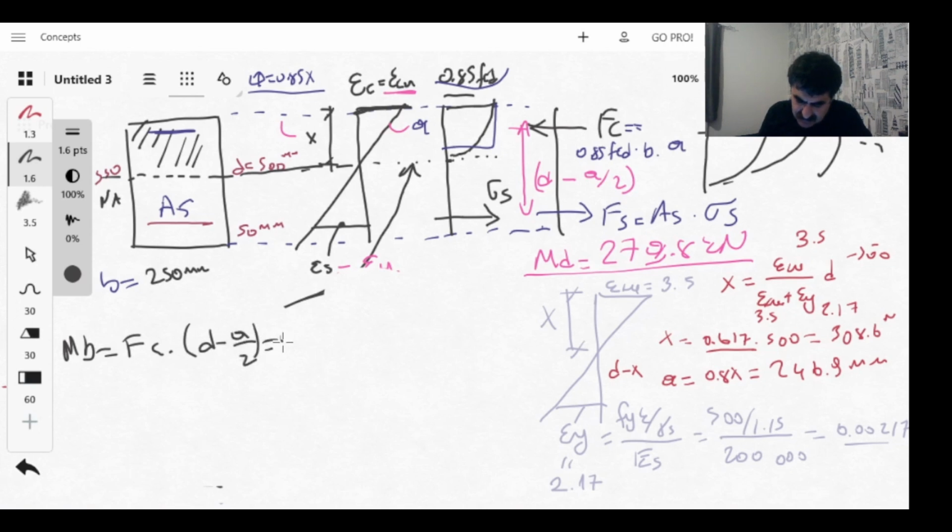So here, 0.85. The concrete grade is 25, 25 divided by 1.5, which is the material safety factor, and multiplied by 250 millimeters, b, the width of the section, multiplied by a.